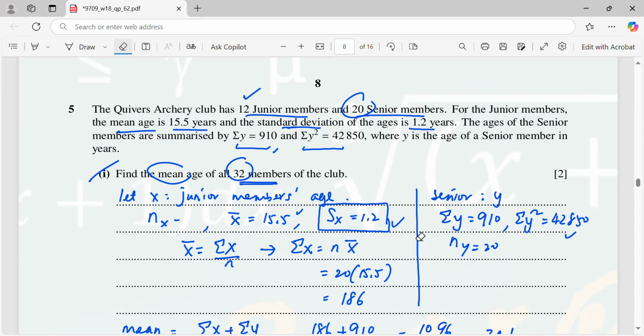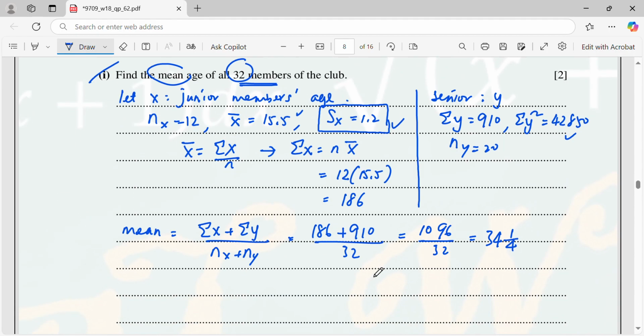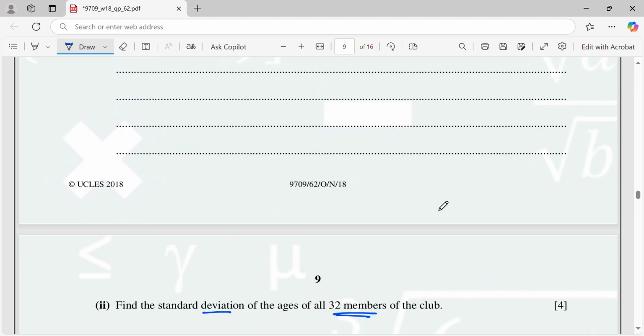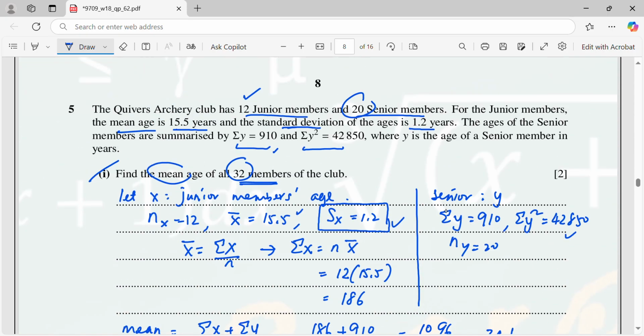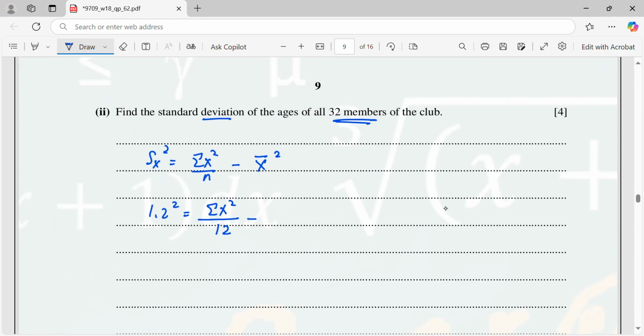This is 12. But there's no mistake in the summation x calculation, that is 186. Okay, so the nx is 12. The mean is 15.5, so here is 15.5 squared.